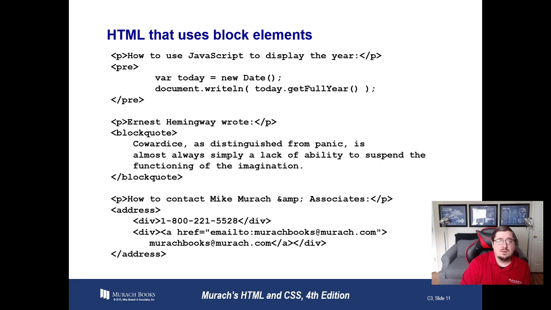Okay? We can look at some more block elements here. So we have paragraph, we have a pre. Pre stands for pre-formatted. Pre-formatted is generally used with code. With a pre tag, it actually will preserve all of the white space that's there. Remember, typically any white space that exists will be collapsed down to one space.